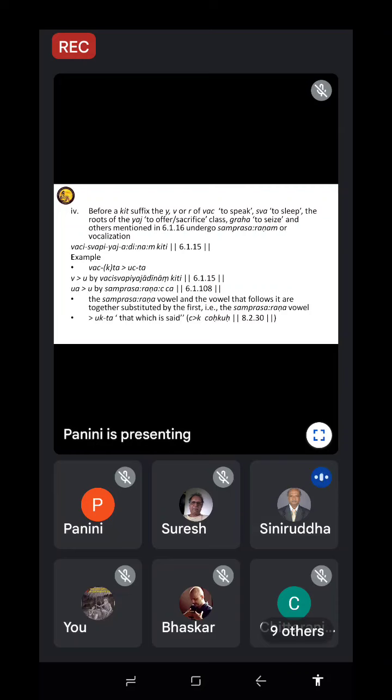Here kiti means kit pratyaya pare. That means vach dhatu, svap dhatu, yaj dhatu and yaj etc., before kit, get samprasarana. Vacha prokta, you get va becoming u because the pratyaya is kit.